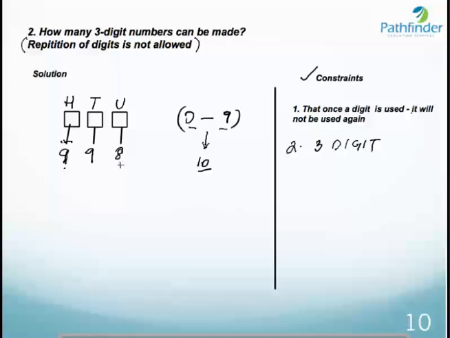So these two digits are not available for placement at the units place because repetition of digits is not allowed. And again, all the three tasks are compulsory. So therefore, we will have a multiplication sign in between. So the total number of three-digit numbers possible without repetition of digits is 648. That is 9 into 9 into 8.